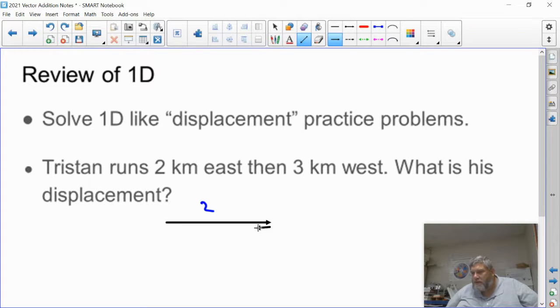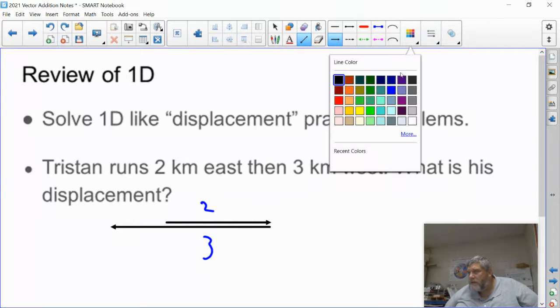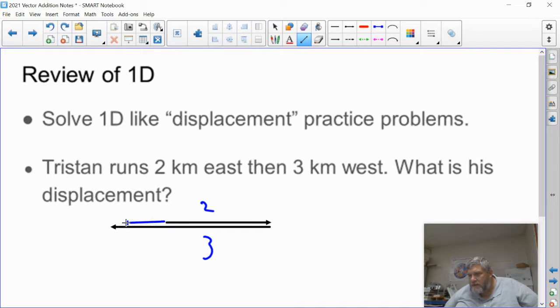So I'll do it slightly underneath it, and 3 would be about like that, and we can label that 3. And then our resultant vector, the overall displacement, is simply going to be a line from where we started to where we finished. That would be my displacement.